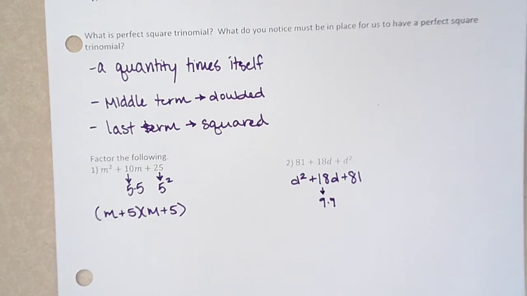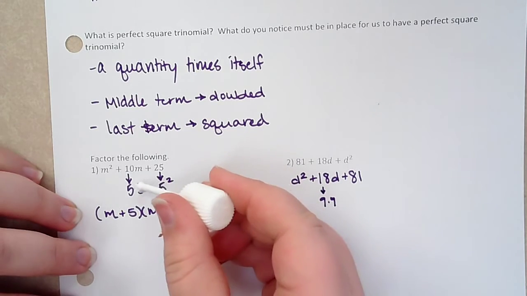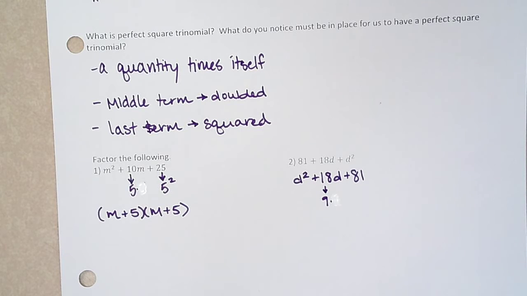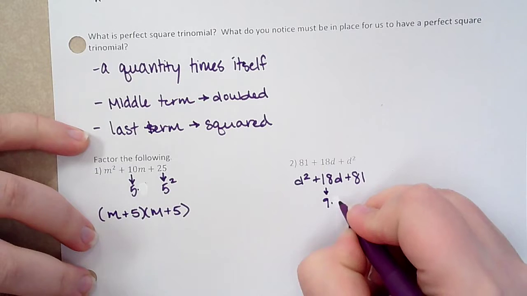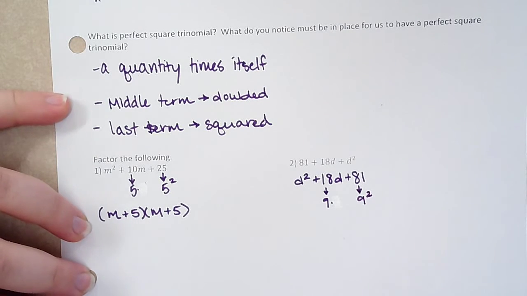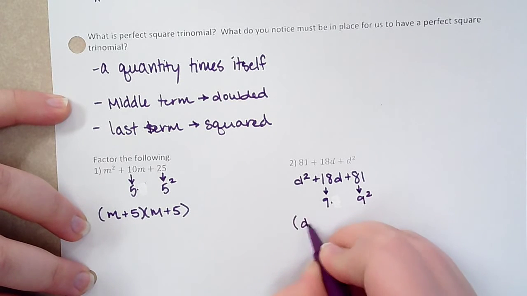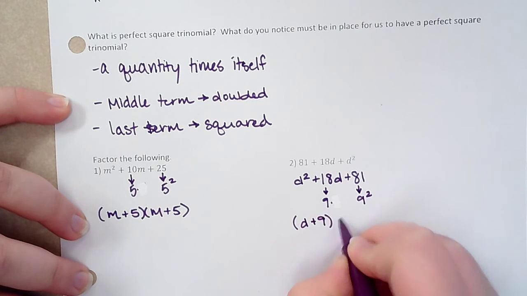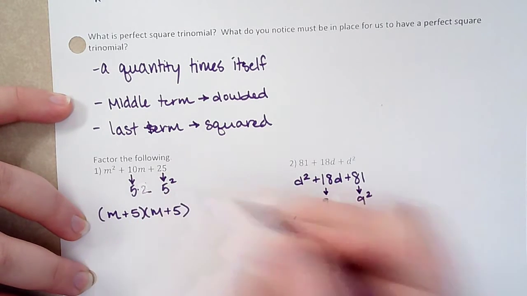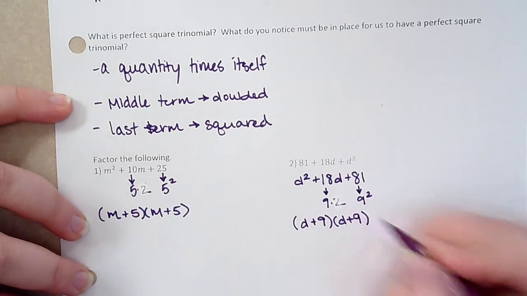I got a little gung-ho with my writing, and this definitely should have been 5 times 2, and this should be 9 times 2. Because if we multiply it by itself, that's squared, and that's not what the middle term actually says. So that'll be 9 times 2, and then the end would be 9 squared. When I notice this, I can immediately put it in the form d plus 9 and d plus 9. So this should be a 2, and that should be a 2.